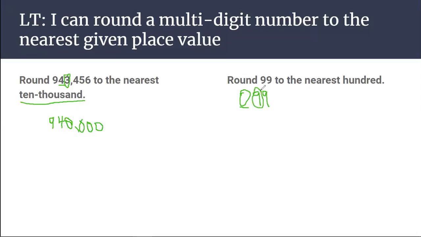Is 9 5 or more, or 4 or less? Well, it's 5 or more, right? So I'm going to raise that score. My 0 is going to become a 1 because 0 plus 1 is 1. And then everything after is going to become a 0. Another way of looking at this is, is 99 closer to 100 or 0? Well, it's definitely closer to 100, okay?